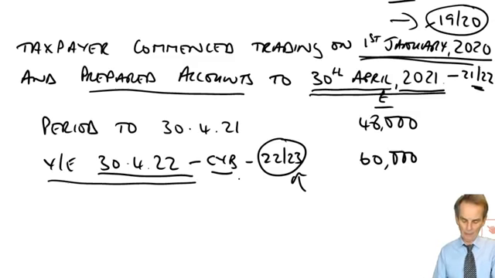We've seen what the bases of assessment are. We know that in the second tax year, if as we have here, it means that that long opening period doesn't end in the second tax year. There is no accounting period in the second tax year. It ends in the third tax year, 21-22. 1920 is the first year, 2021 is the second tax year, 21-22 is the third year.